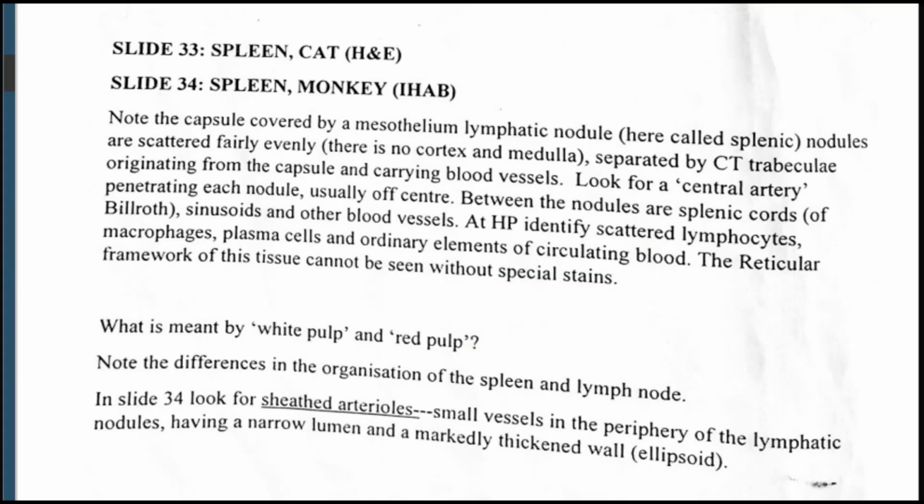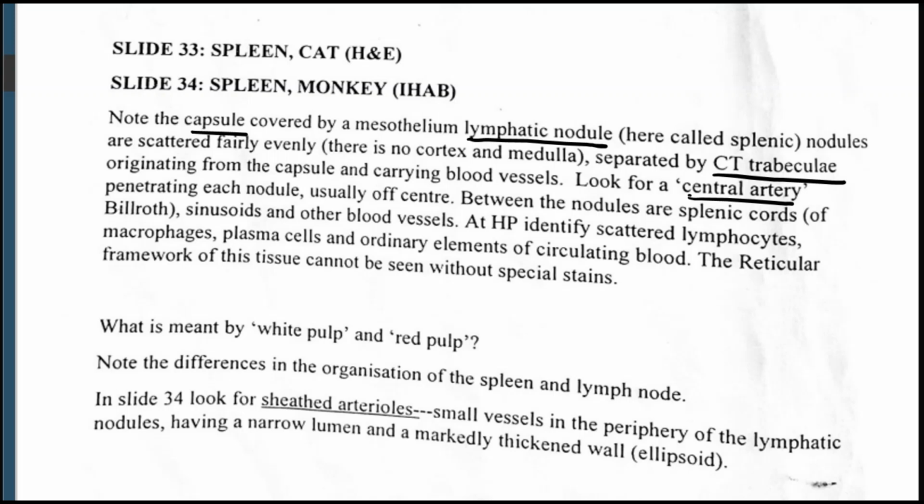Under the histological features of the spleen, we're going to focus on the lymphatic nodules. So label the lymphatic nodule, label the capsule, and also note the connective tissue trabecula. Also note the central artery that is in the lymphatic nodules.